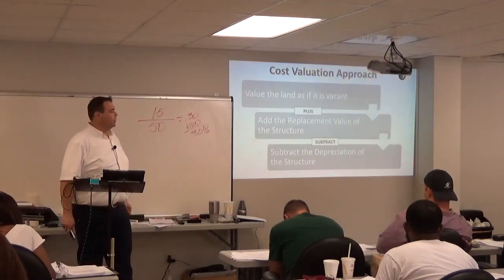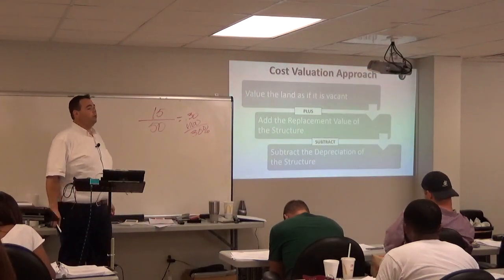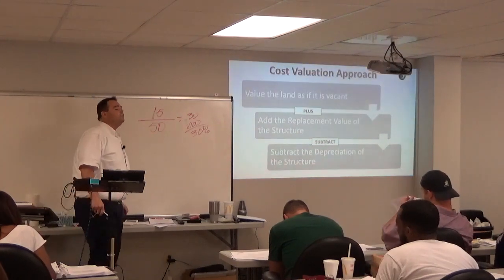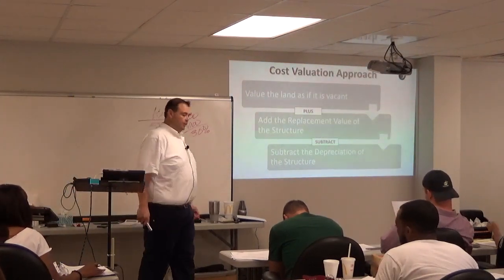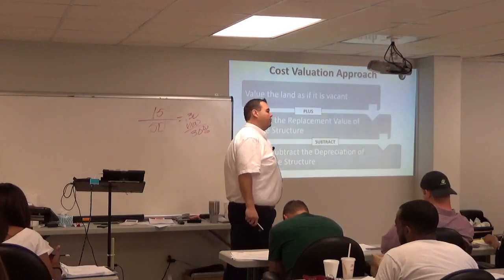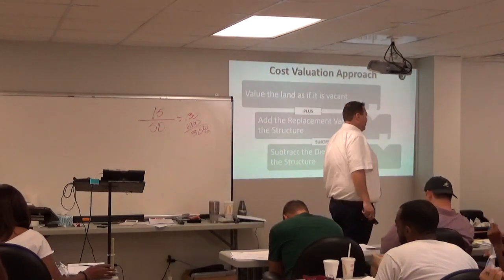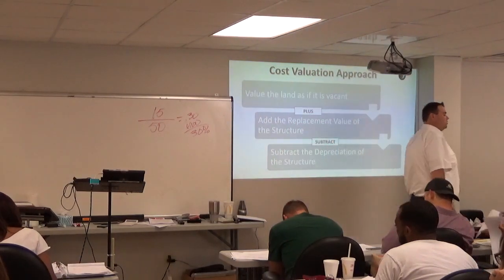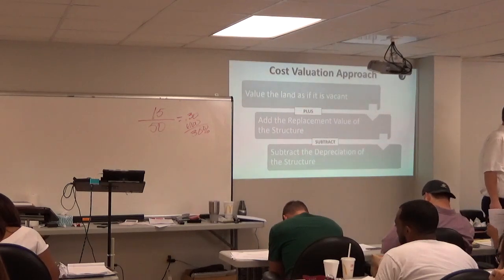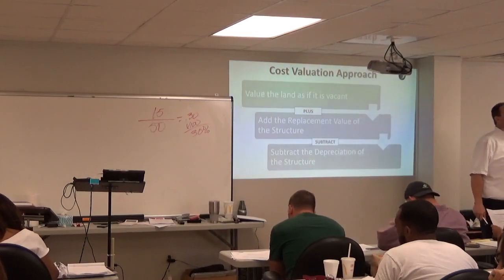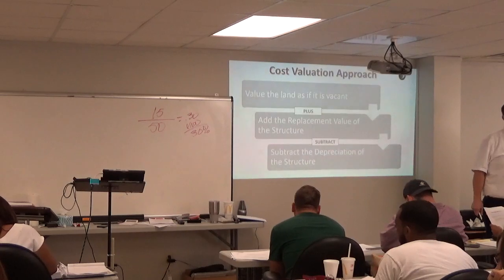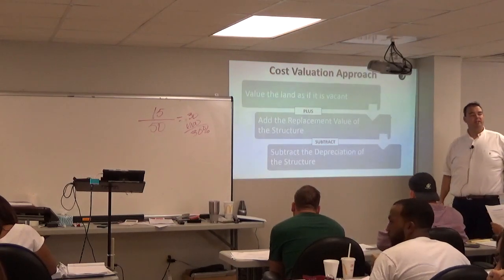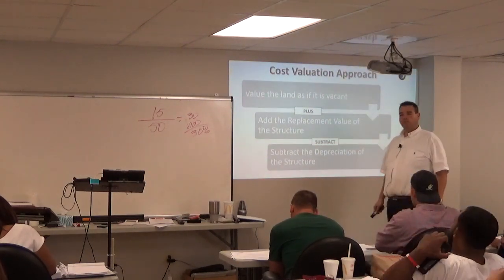So here's our formula again. When we're coming up with a cost valuation, value the what first? The land. And once we've come up with a land value, then we're going to add what? Replacement cost of the structure. And then finally subtract the what? Depreciation, but only depreciation of the structure.